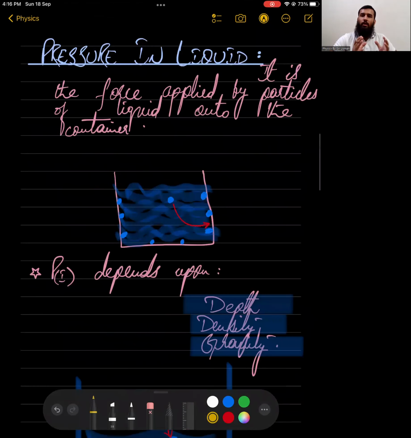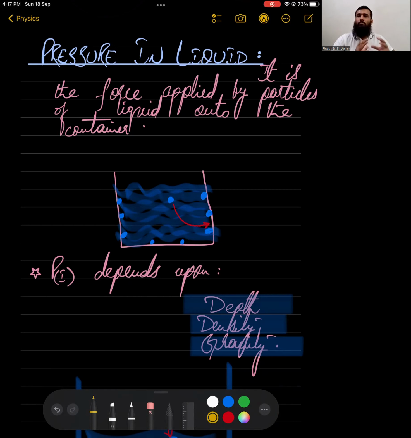Next, we have pressure in liquid. Pressure in liquid की logic ये है कि जब भी कभी कोई liquid या कोई भी fluid किसी एक particular container में रखा होता है, तो उस कंटेनर की वॉल्स के ऊपर, उस कंटेनर की जो साइड्स हैं या जो बॉटम है, उसके ऊपर एक सर्टेन अमाउंट ऑफ प्रेशर या एक सर्टेन अमाउंट ऑफ फोर्स अप्लाई हो रही होती है by the particles of that liquid. जो लिक्विड है उसके पार्टिकल्स इधर उधर मूव कर रहे होते हैं, जिसकी वजह से वो पार्टिकल्स वॉल को स्ट्राइक करते हैं और एक सर्टेन फोर्स या एक सर्टेन प्रेशर जनरेट कर रहे होते हैं.